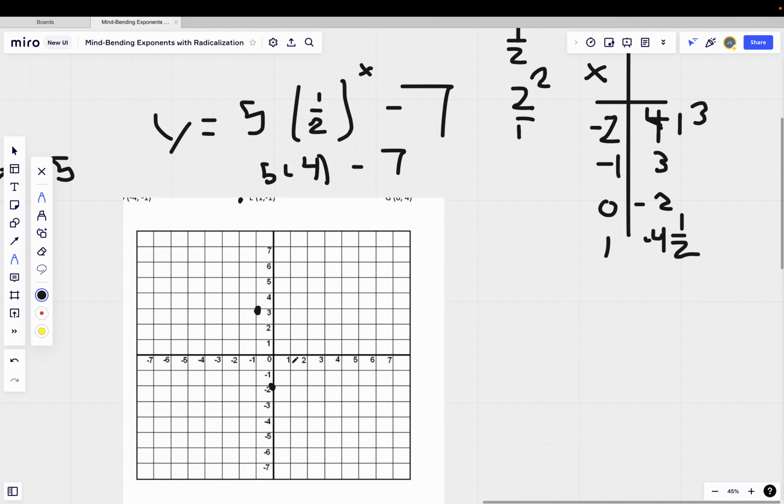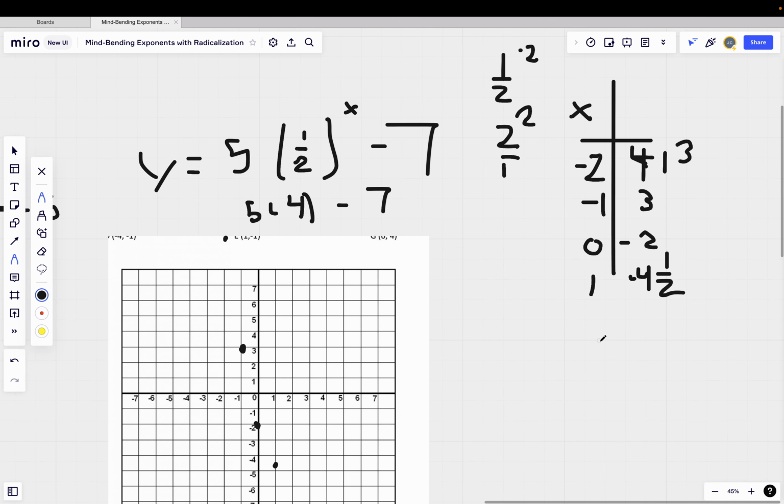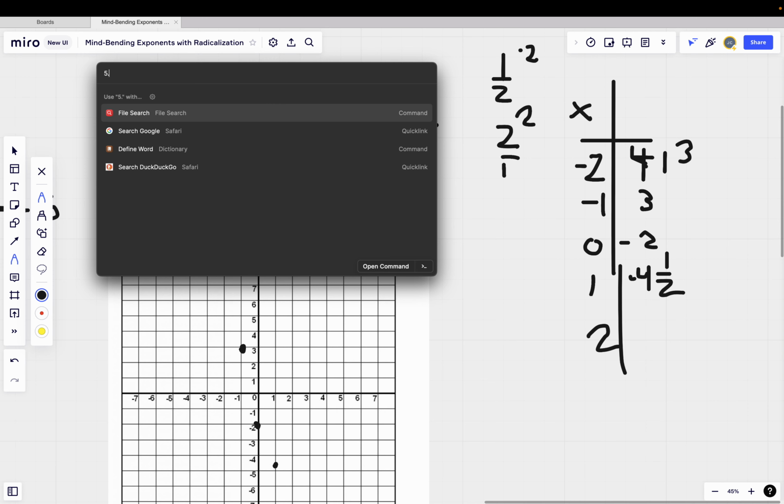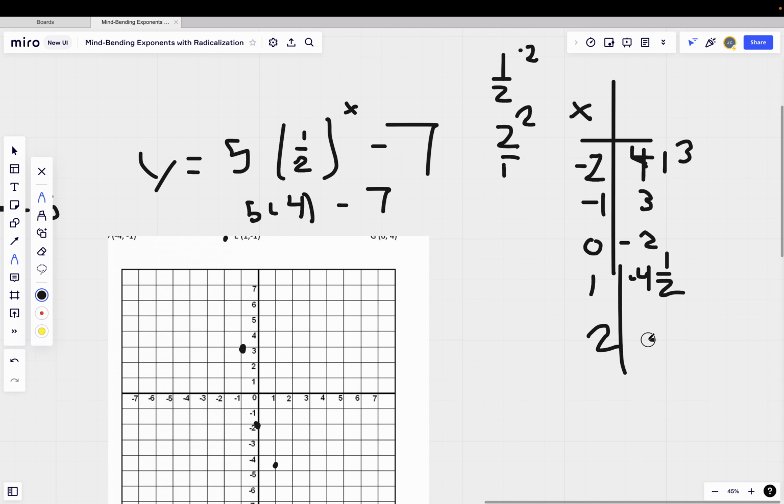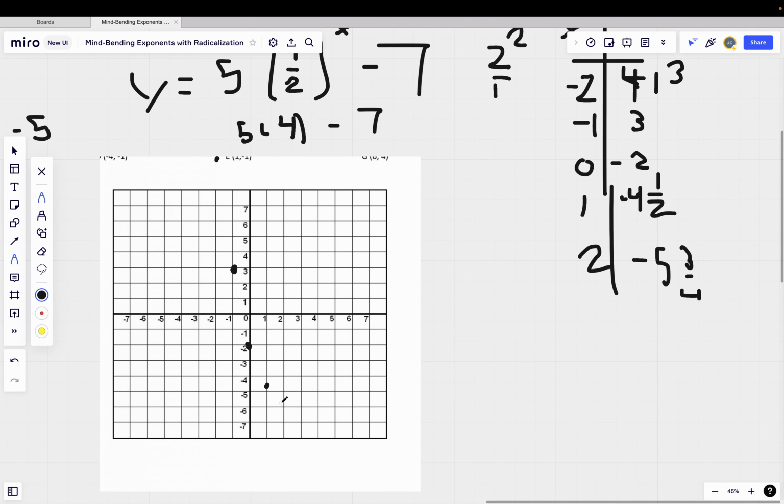So when x equals 1, we get negative 4.5. And then when x equals 2, we get 1/4. 5 times 1/4 is 5/4. So 5/4 minus 7 is negative 5.75, which would be negative 5 3/4. So we get 2, negative 5 3/4.